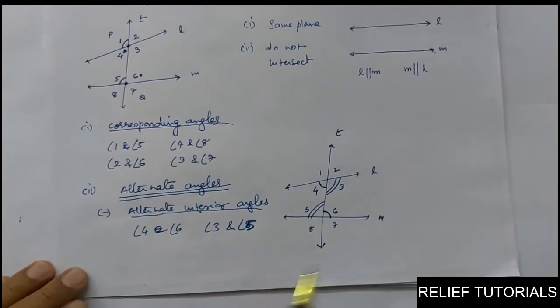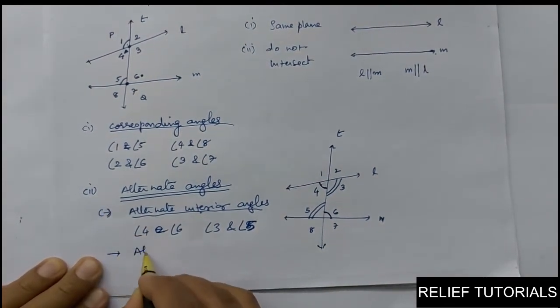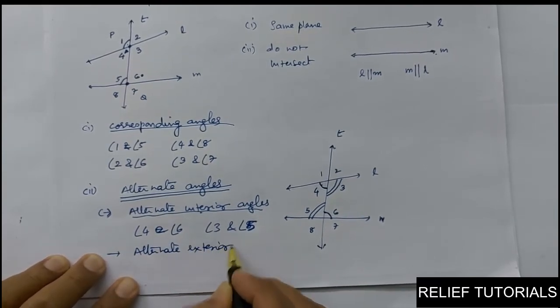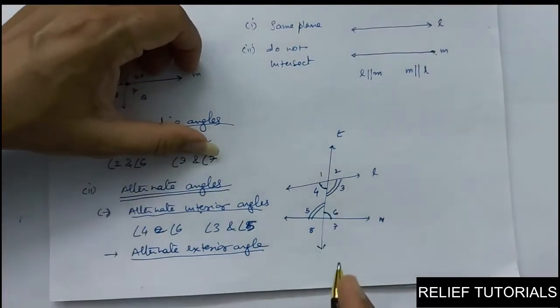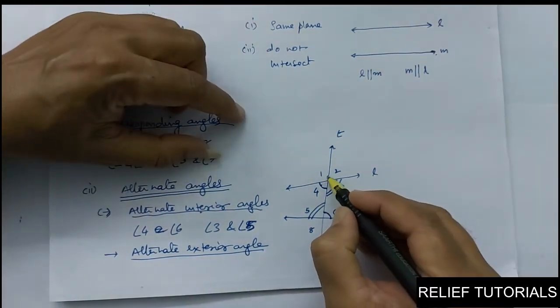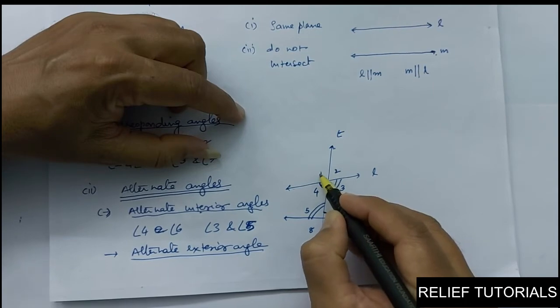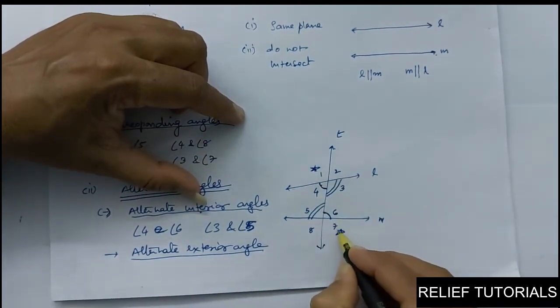Now we'll discuss alternate exterior angles. These alternate exterior angles are angle 1 and angle 7.